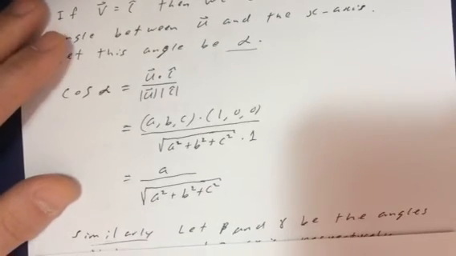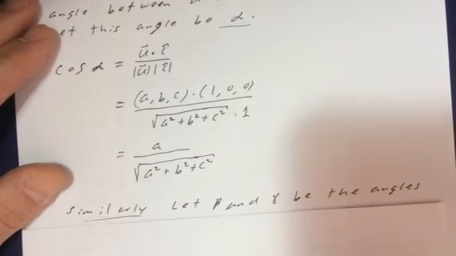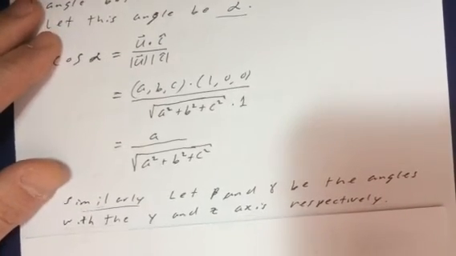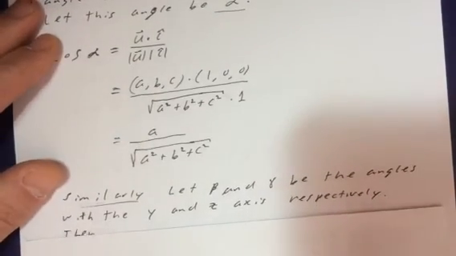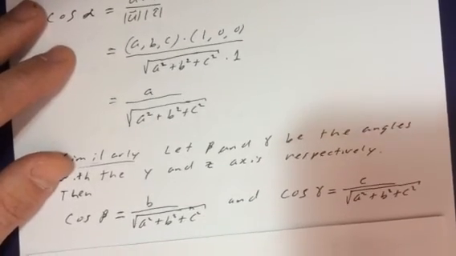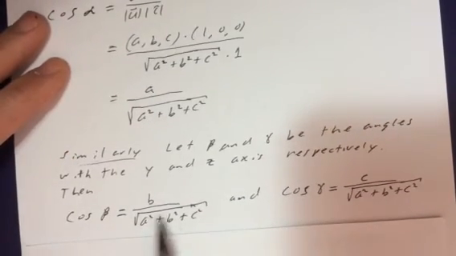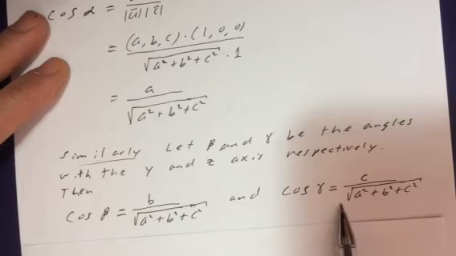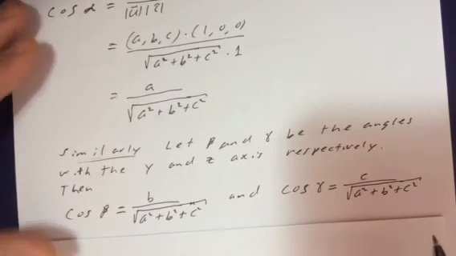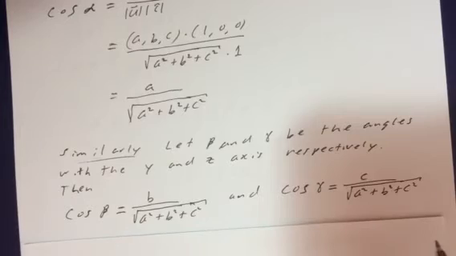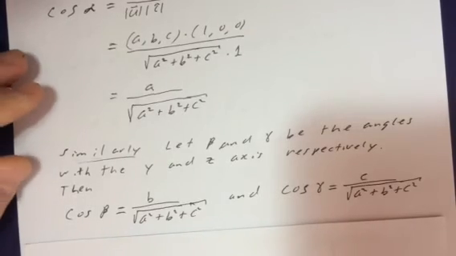Similarly, if you let beta and gamma be the angles with the y and z-axis respectively, then you get these as the formulas for cos beta and cos gamma. Do it the exact same way, but with vectors j and k, you're going to do the dot product.